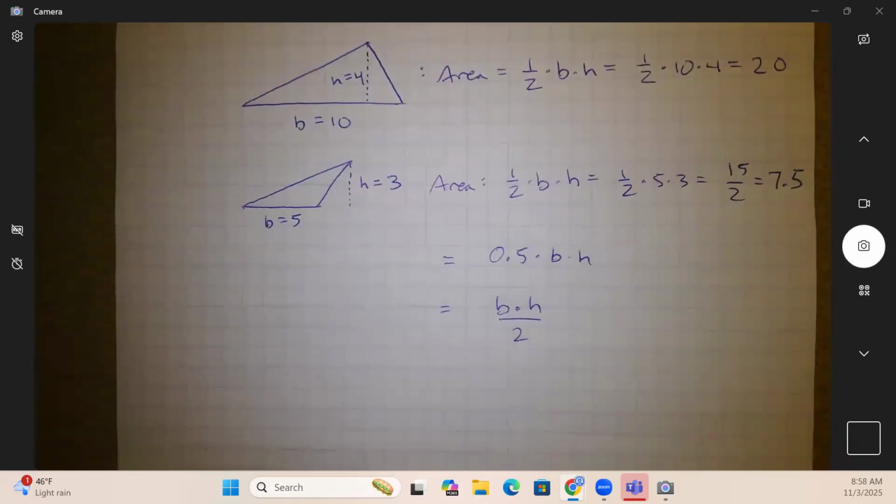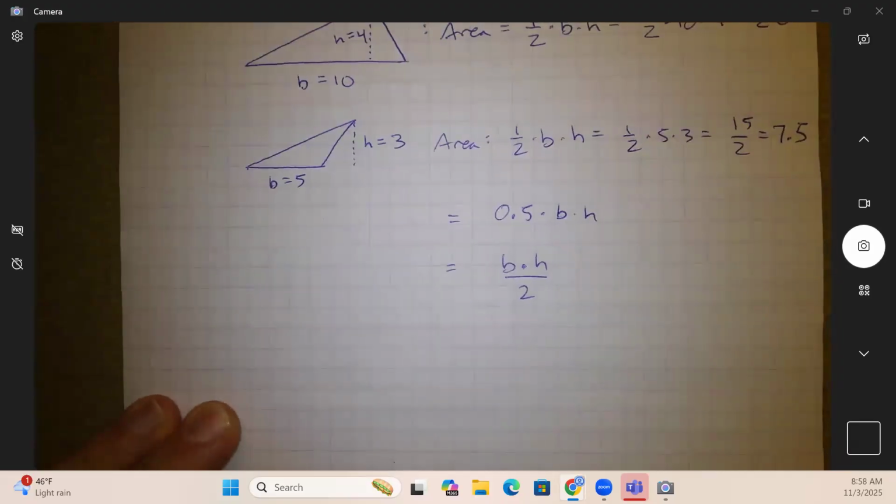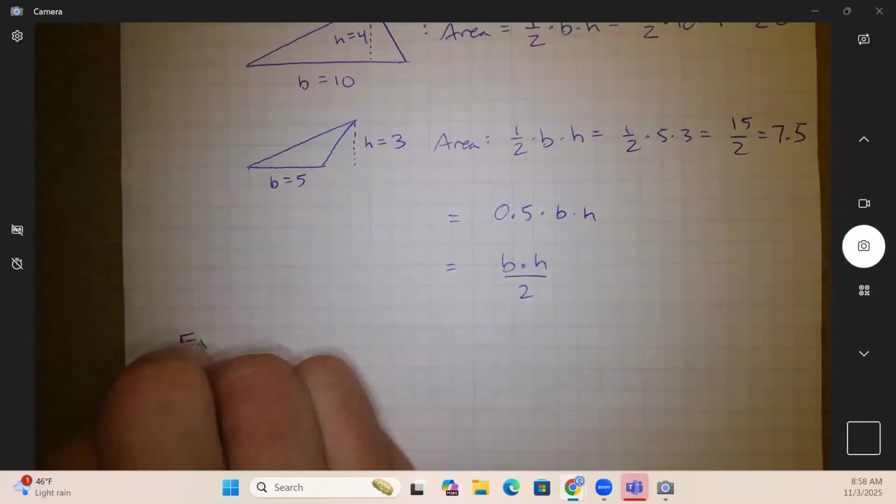So these simple expressions are formulas because you use the formula with new numbers whenever you want to evaluate it for a new shape. Right? It's a mathematical expression used in these specific situations, but it's flexible enough to use in different situations. All right, let me give you another example.